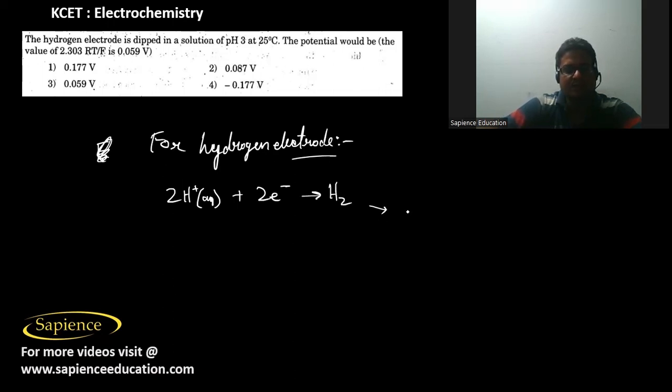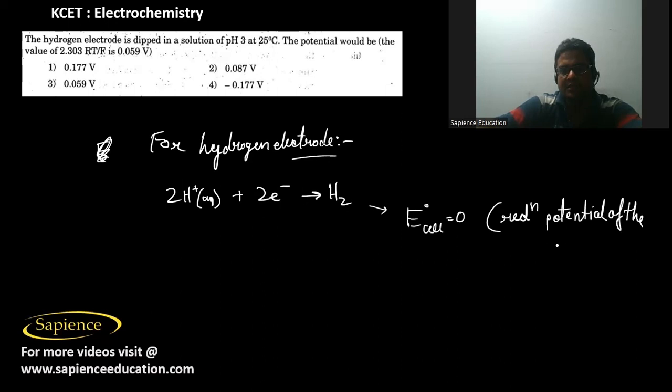Now here the E naught cell is 0 since the EMF of the standard hydrogen electrode is 0, or we can say that the reduction potential of the standard hydrogen electrode is taken as 0 volts.